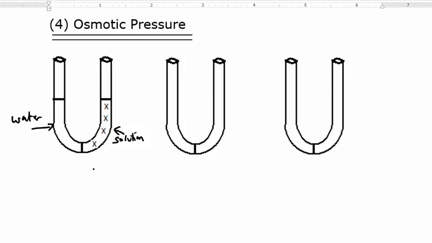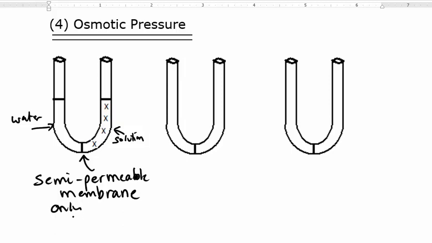Then in between the two sides we have a semi-permeable membrane, which is a membrane that allows certain things to pass through and not others, and in this case only water can pass. So the solute molecules can't go through it, but the water molecules can.